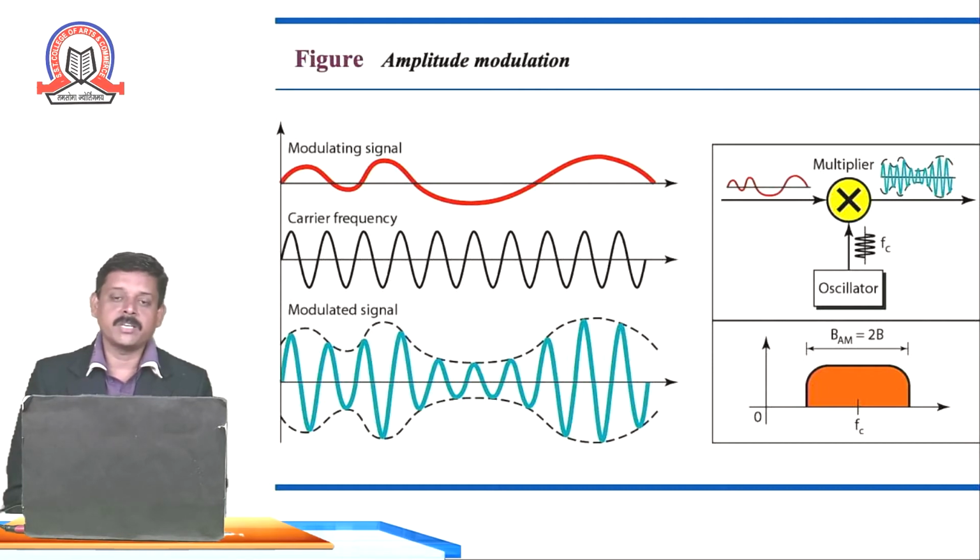The carrier frequency is nothing but the frequency of the channel, and depending upon the frequency of the channel we modulate the signal, and the modulated signal will look like the signal below. The modulation is done with the help of a multiplier or an oscillator. So fc, that is a frequency, is added to the signal, which gives the bandwidth for this channel as well.